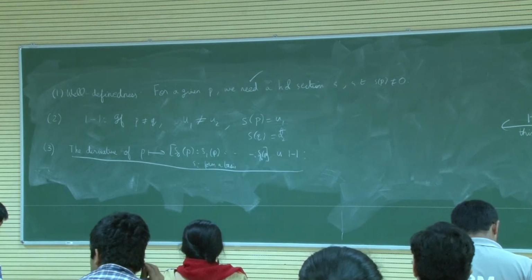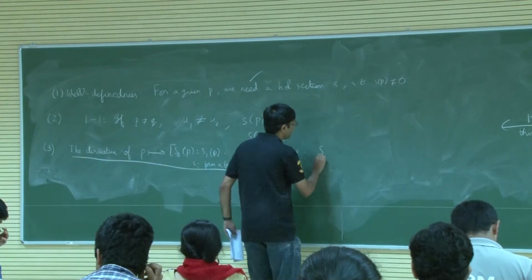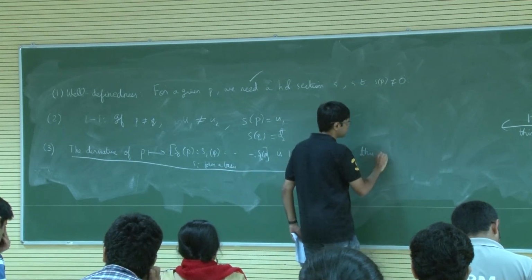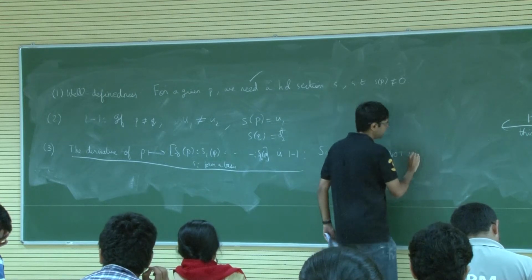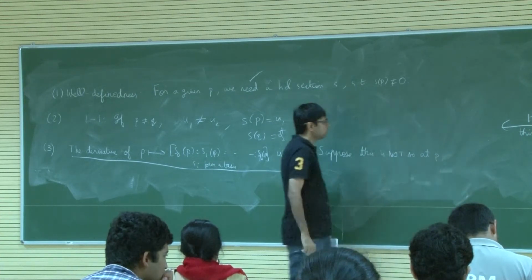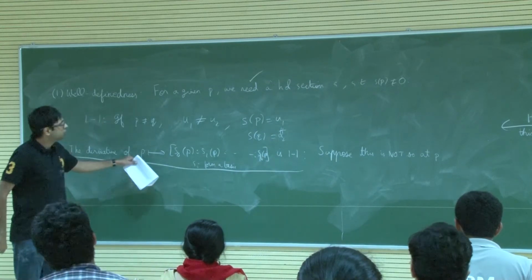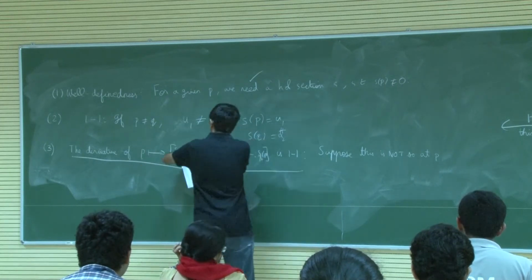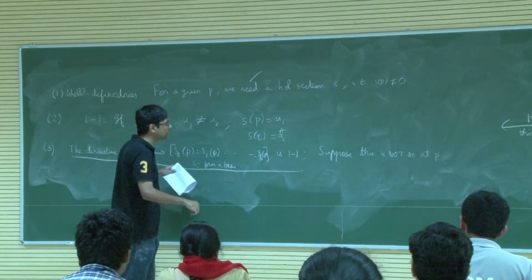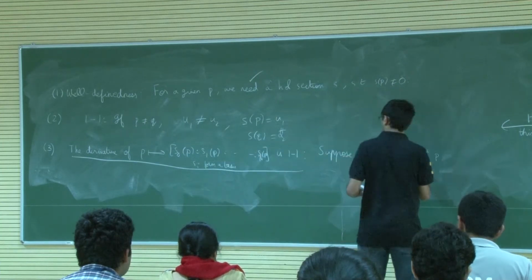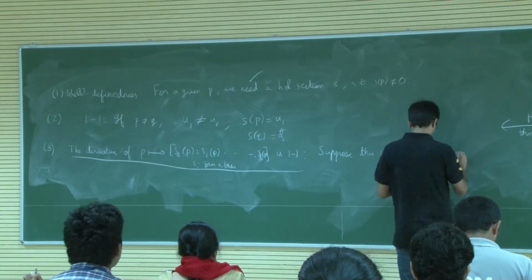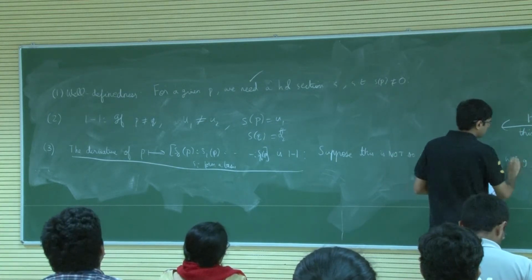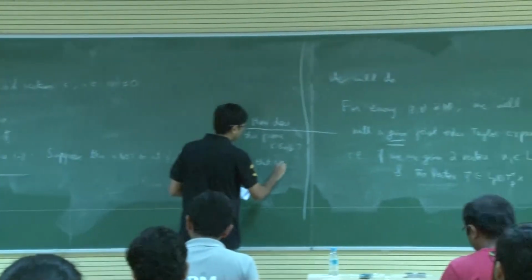So, suppose for contradiction's sake that this is not so at a point P. What does that mean? You take the derivative of this map at P, it has a kernel, right? So that means, to compute the derivative, let's assume without loss of generality that S naught of P is not 0.